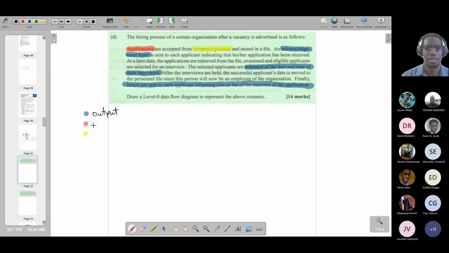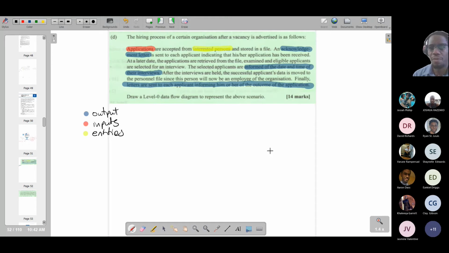Oh, okay. These are entities. Sorry, these are inputs. All right, so these are inputs, and these are entities. So that's our little legend there.